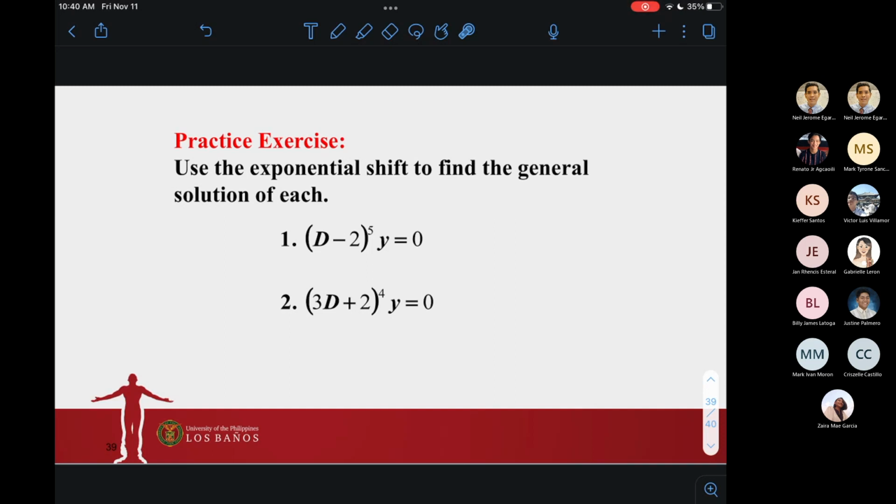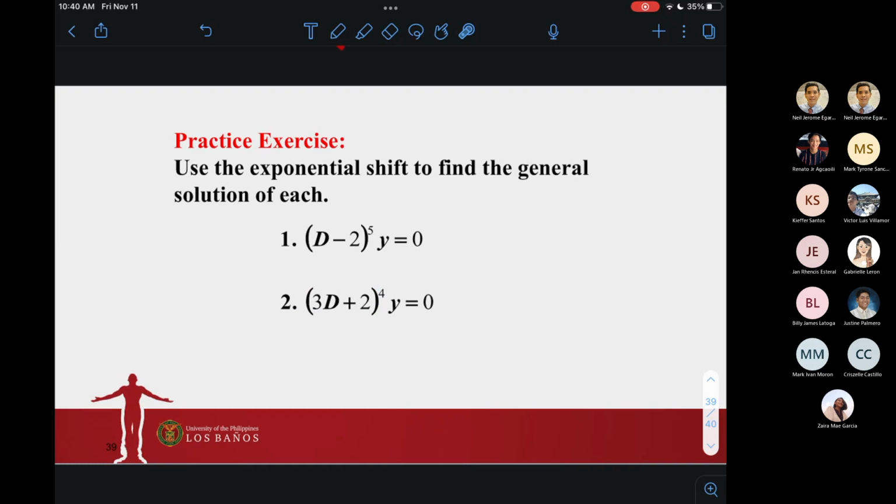Now, in this practice exercises, problem number 1 is quite straightforward. Katulad lang siya ng ginawa natin kanina. Pero exercise number 2 will require a little bit of work. Kasi gumagana lang yung ating method kapag 1 yung coefficient ni D. So rito kailangan kayo mag-factor out muna ng 3.